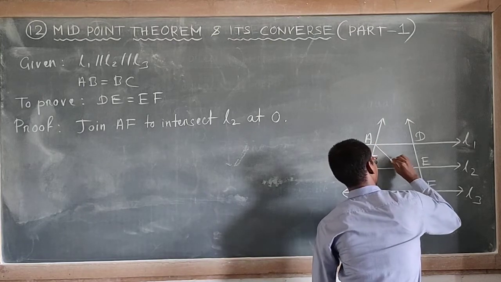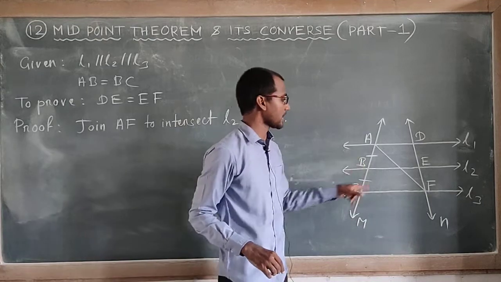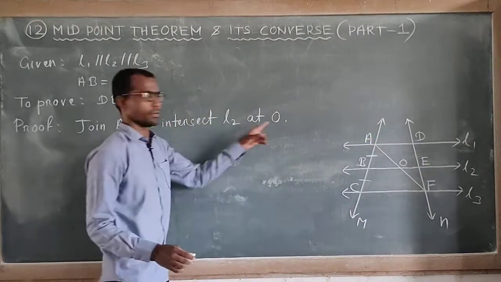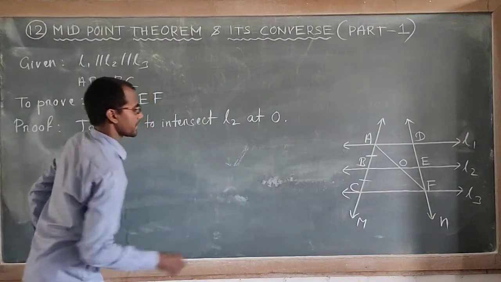Now this line is intersecting the line L2 at some point. Let this point be O. Now you can see CAF is a triangle.